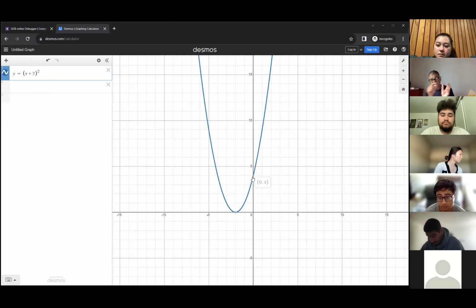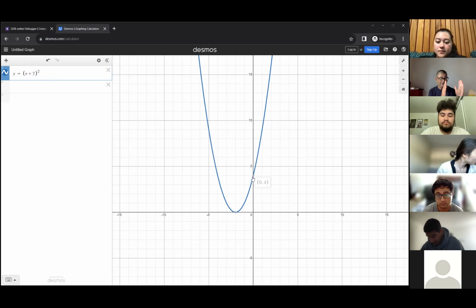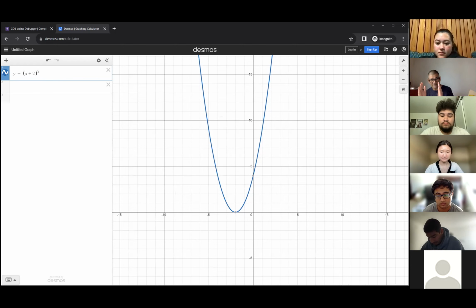You added the 2 to x, not to y, which means that the parabola got shifted here, because the actual value that is being squared is 2 more than the value of x. You can obviously experiment a lot more with slightly more complex parabolas, like 2x squared plus 5x plus 3 and minus and so on, and look at the shape of these curves.